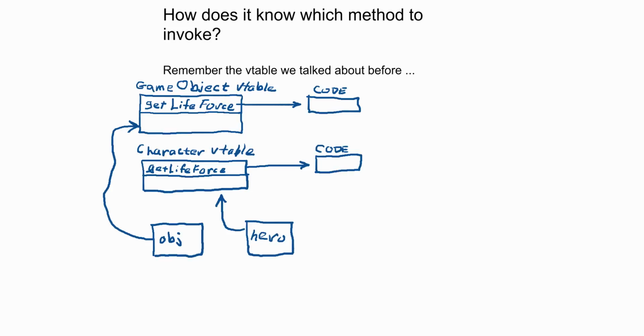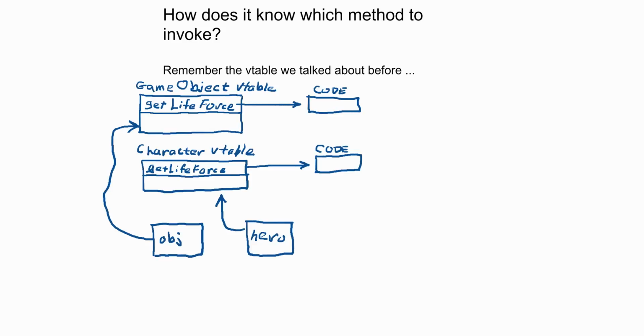The object has a pointer to another virtual table, which points to a totally separate piece of code, which does something different. So it's these pointers that every object has to its virtual table, and then it looks up the method in there, follows the pointer to it to find the code that implements the method for that class.